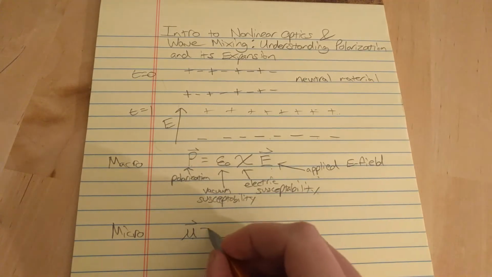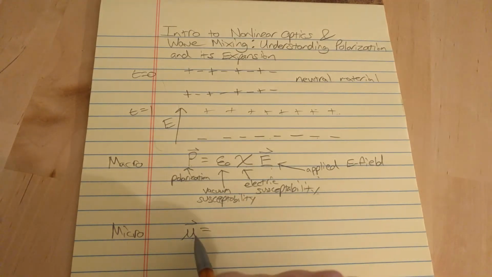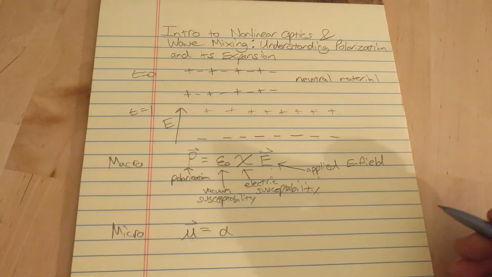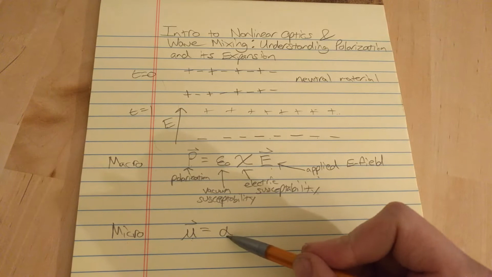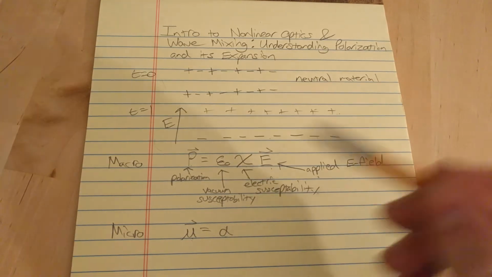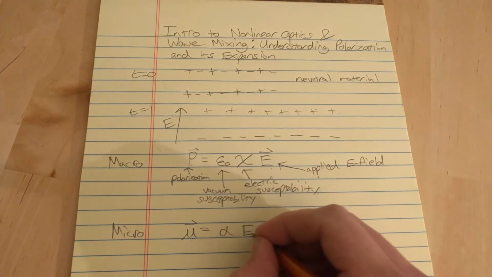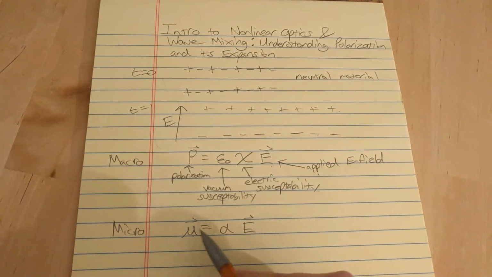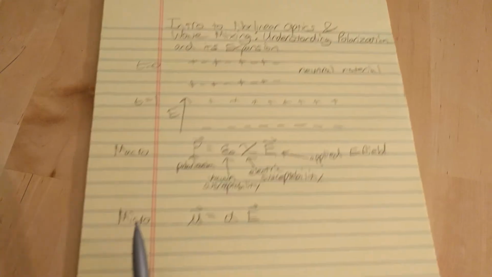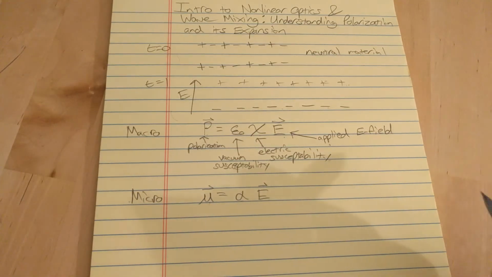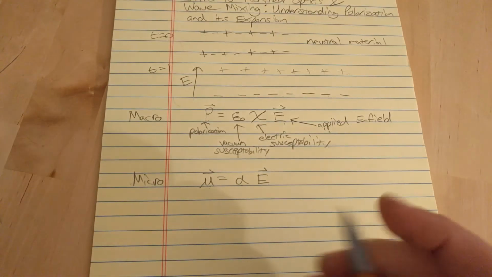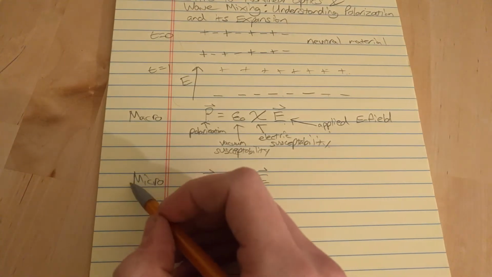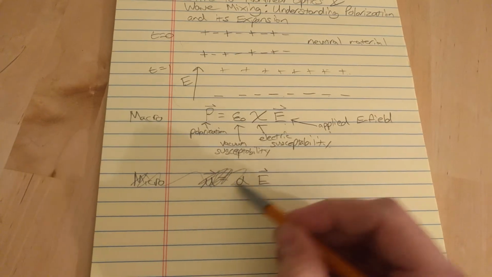The dipole moment is a vector, and in the micro, the dipole moment is equal to the polarizability, polarizability, not polarization, times the applied electric field. But I'm not thinking about the micro here, I'm thinking about the macro. That's what we're going to be talking about. Okay, so let's just ignore that for now.